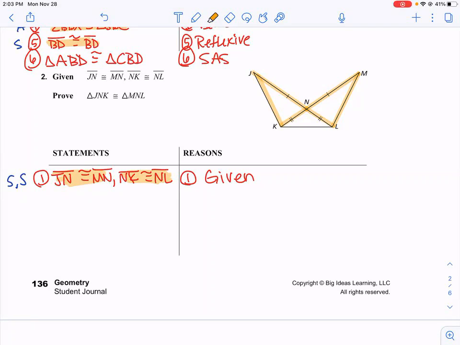Where does the angle need to be? In between the two sides. Vertical. Okay, so Keegan is saying we have vertical angles. Is that in the right spot? These angles right here are vertical. Are those the angles that we need for SAS? Yeah, they are. So we can say angle JNK is congruent to angle MNL because they're vertical angles.